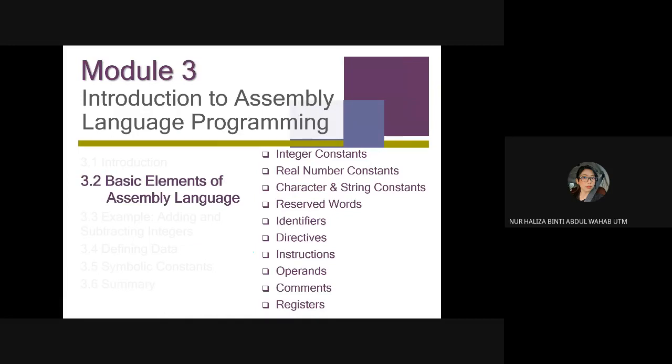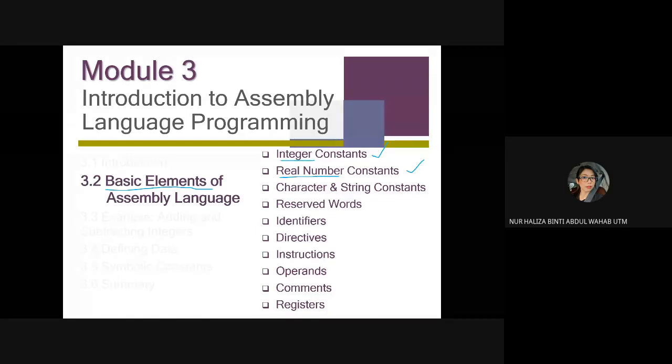Now we're going to learn the basic elements. What are the basic elements available in our assembly language? There will be the integer constant and the real number constant. They will be different, okay? Integer and real number will be different. Later on, you will see what it basically is.